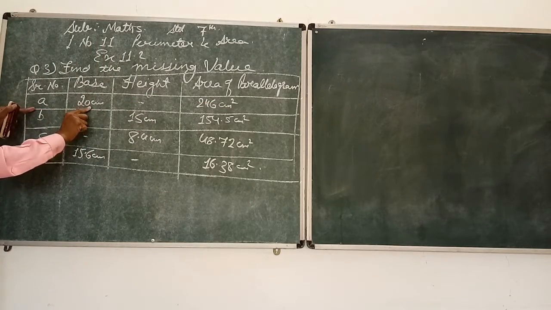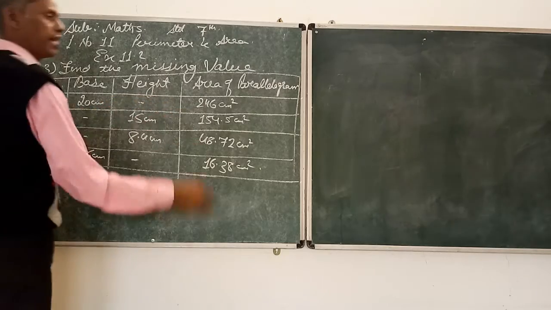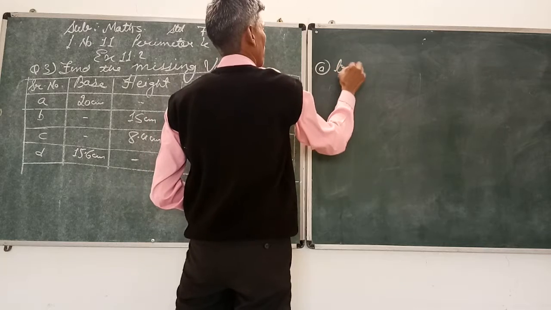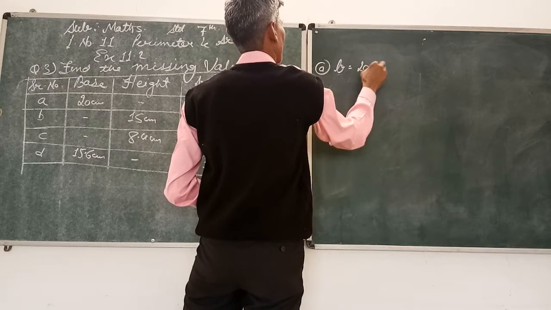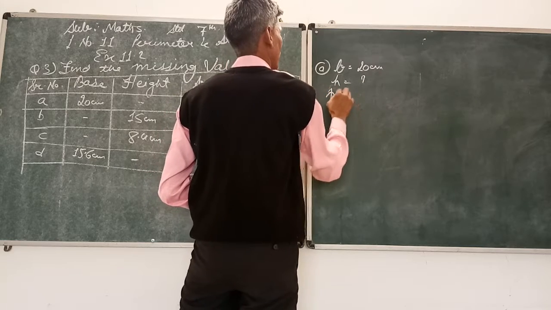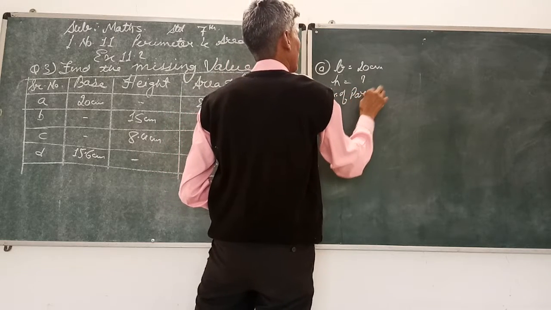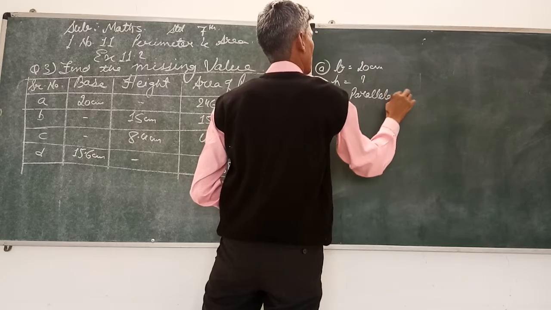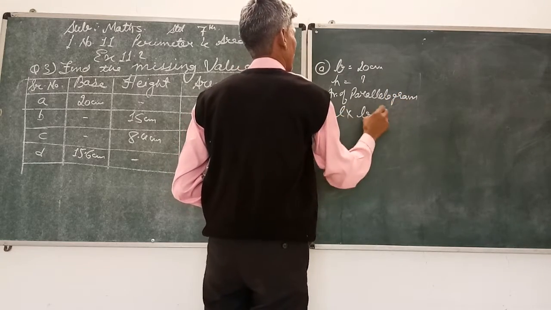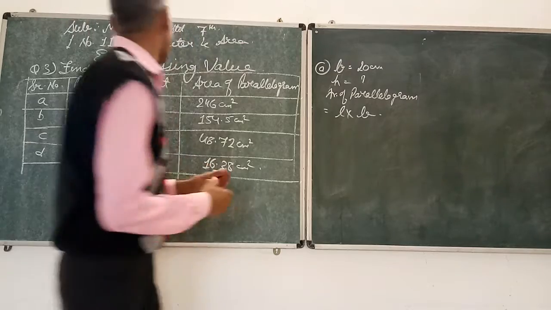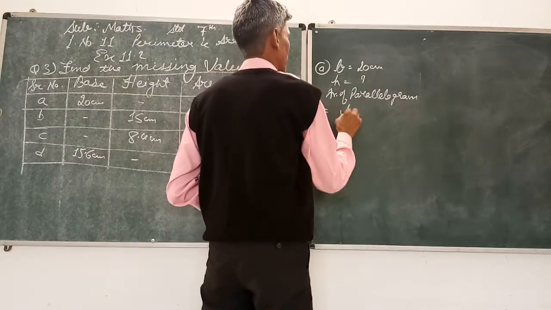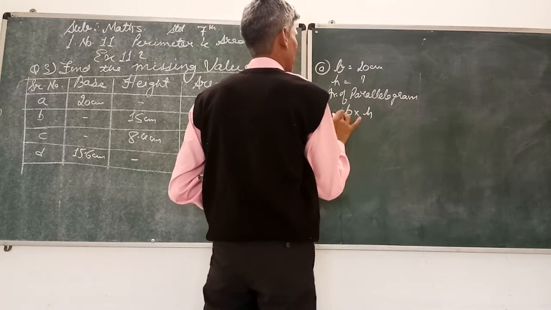A, whose base is 20 centimeter, height is not given, in area. I am explaining here. See, A, base is given 20 centimeter, height is not given. Area of parallelogram is L into B, L into H. Height means H and B means base. Base into height.